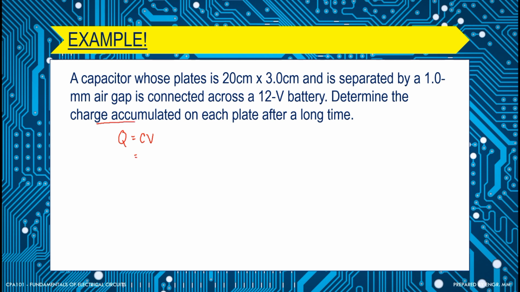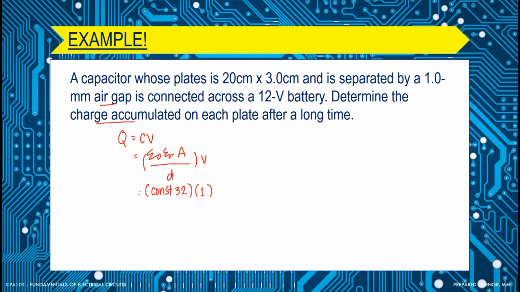Our capacitance is equal to E0 ER A over D, multiplied by voltage. Then we'll substitute our givens. This will be the constant, then ER, it says here air gap, so that's equal to 1 permittivity.